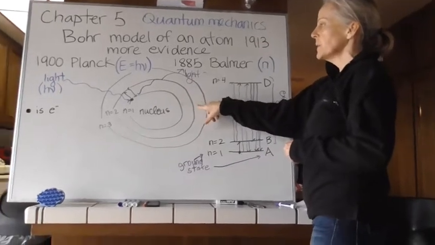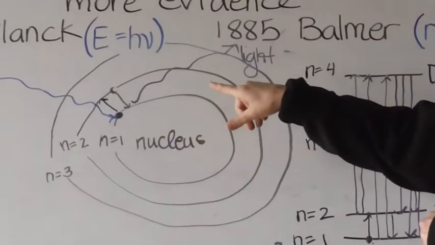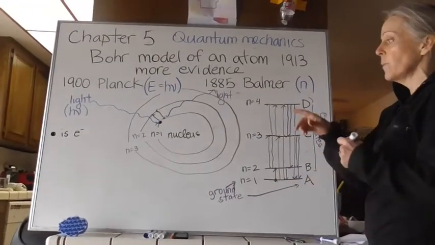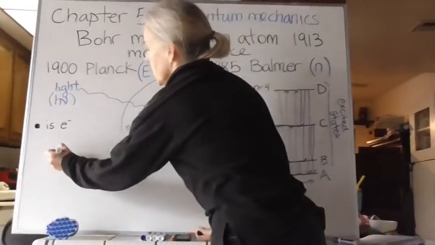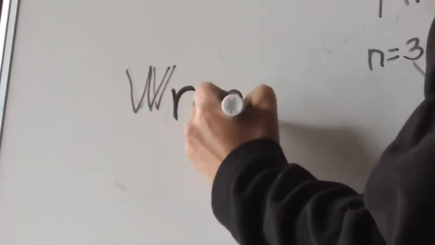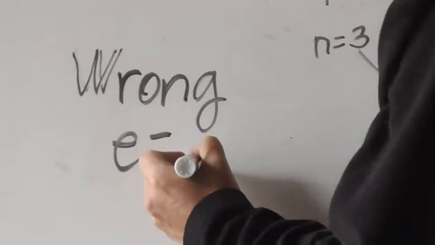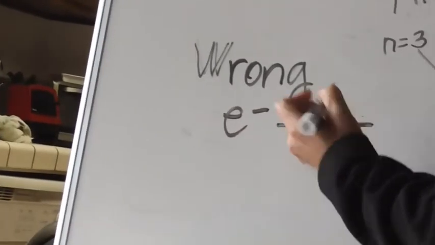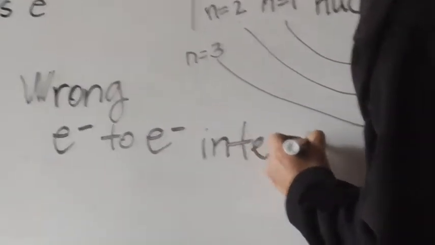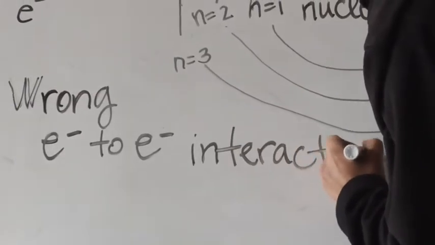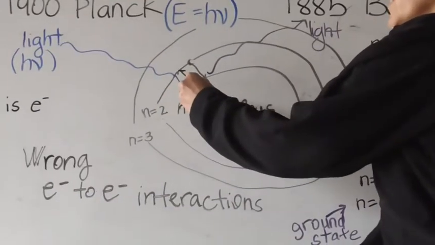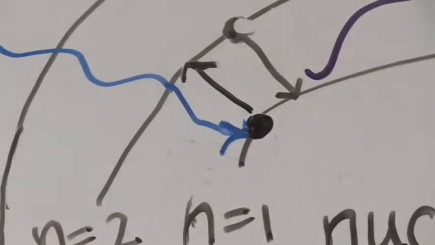What didn't work is once they got past one electron, there are all these other things that could happen. The biggest thing, when it was more than one electron, and what was wrong, is they didn't consider the electron to electron interaction. If you have more than one electron, they're going to be repelling each other and pushing each other out different amounts.